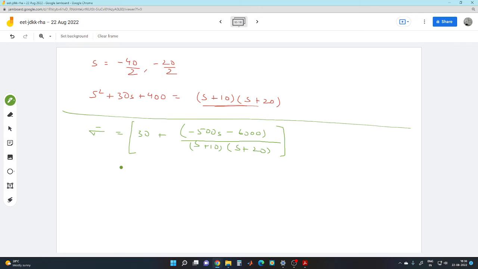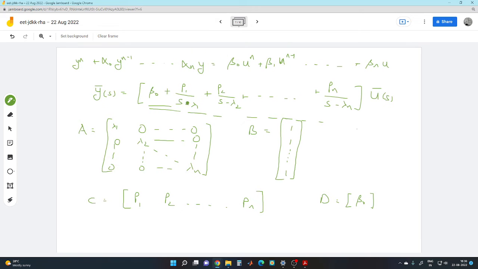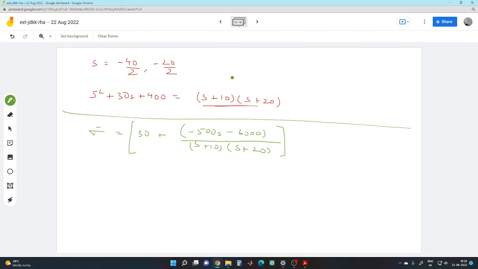So if we expect this form to land as this form, so it will be something like P1 upon S plus 10 plus P2 upon S plus 20.